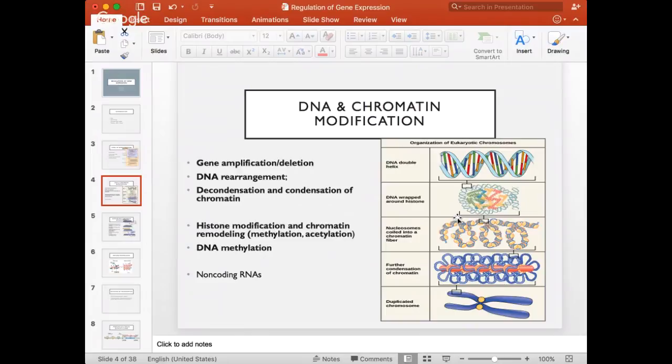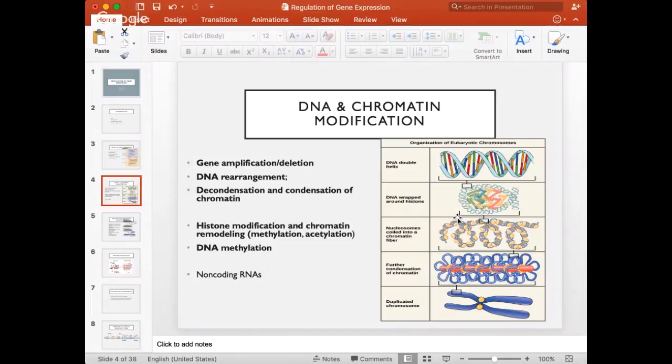So I'm going to start with the chromatin level of gene expression, the genome level of gene expression, which deals with the chromatin. Before we move on, we should know the definition of a chromatin.